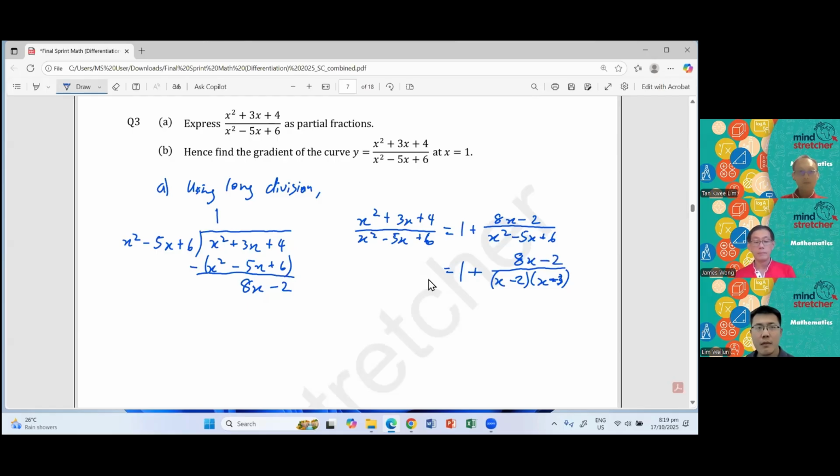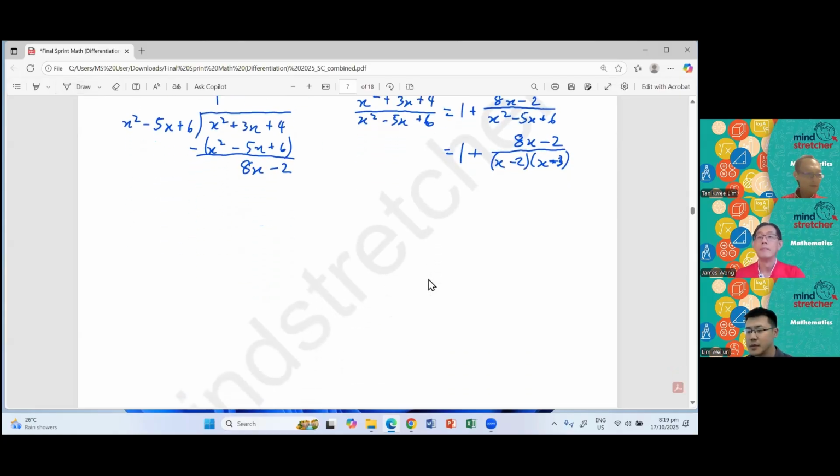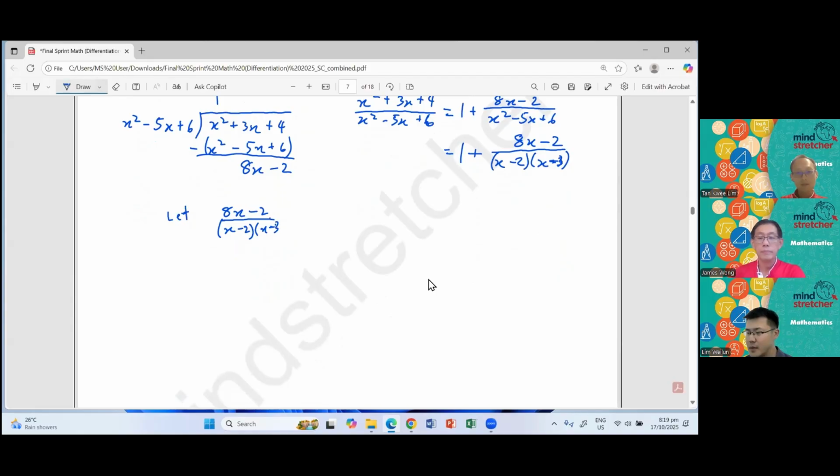After this, we can further work on the partial fractions, where you let 8x minus 2 over x minus 2, x minus 3 be equals to A over x minus 2 plus B over x minus 3.